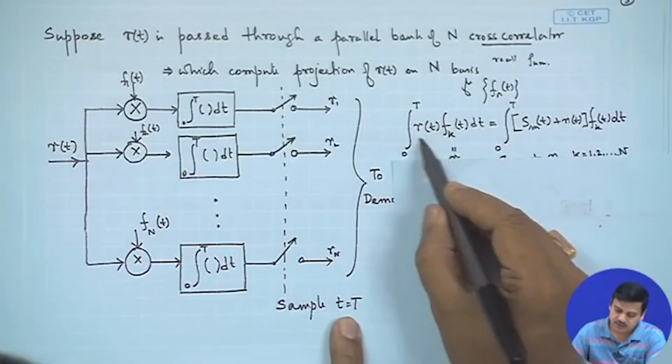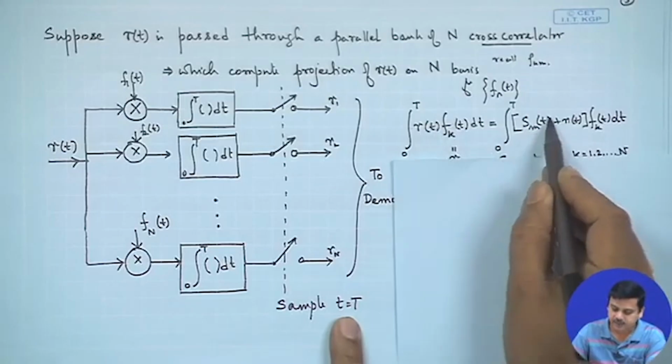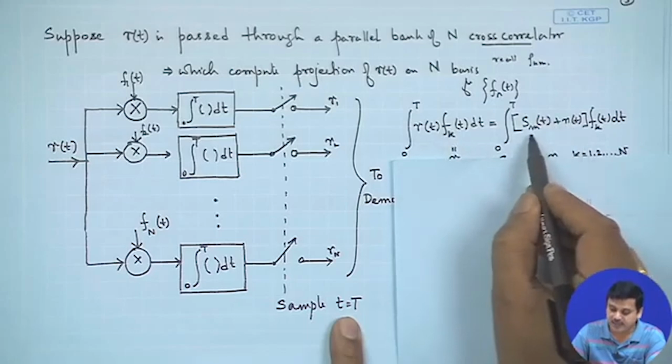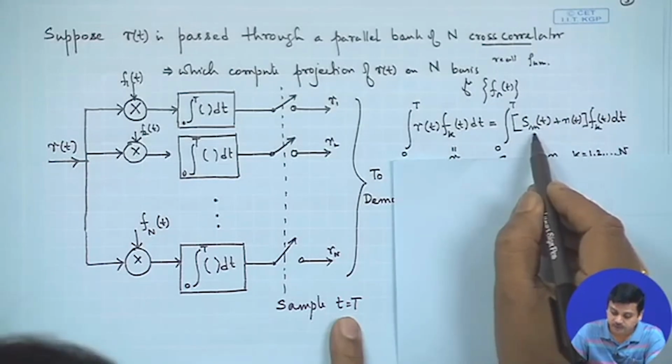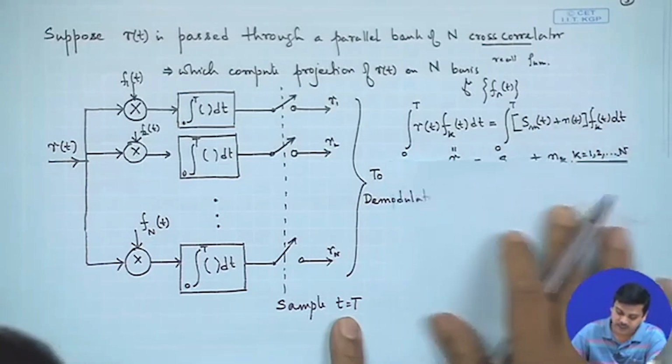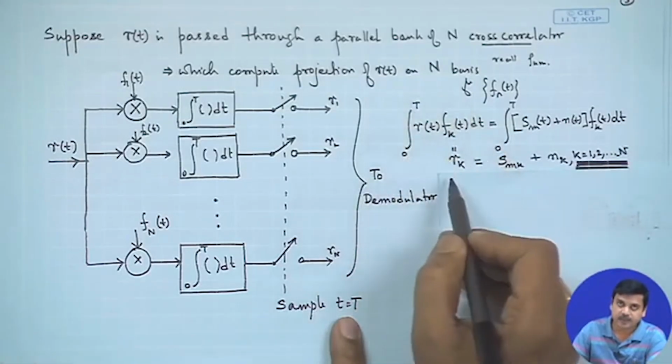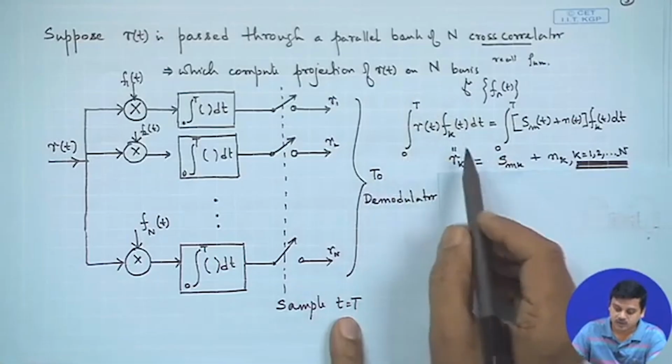Since this is r, in the next step you can expand r of t into s m of t plus n of t, because m is the mth waveform. This is how the expression looks. We will look at what this yields. The left hand side could mean r k.